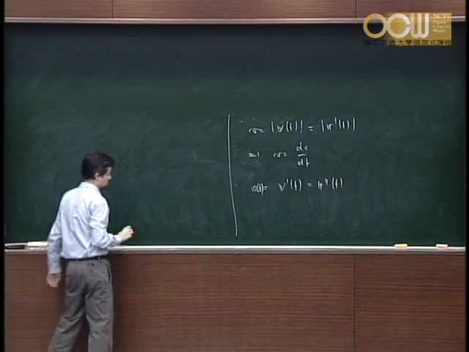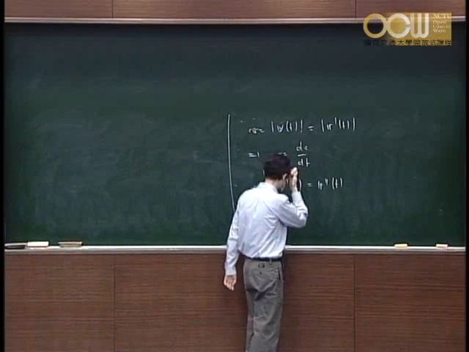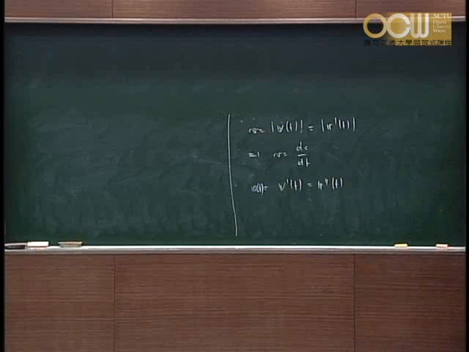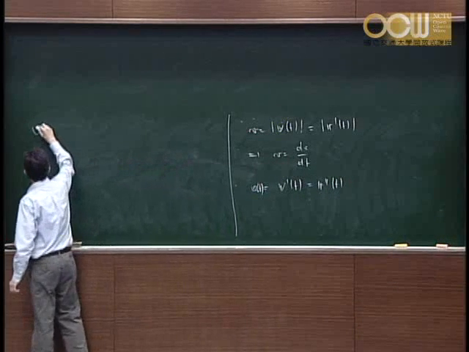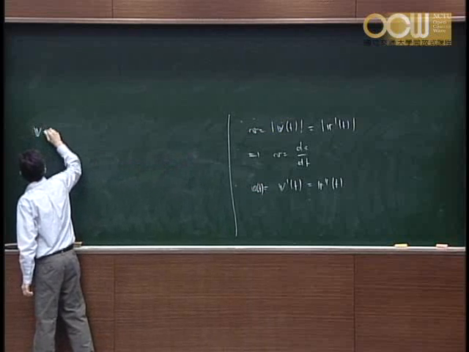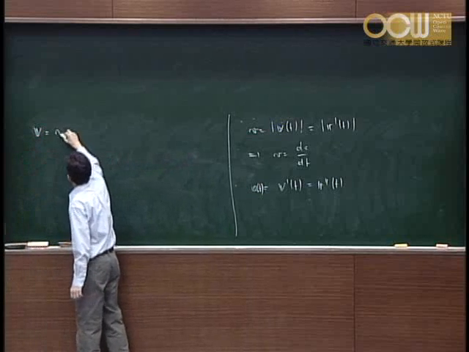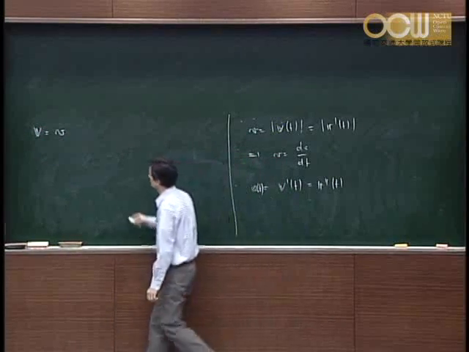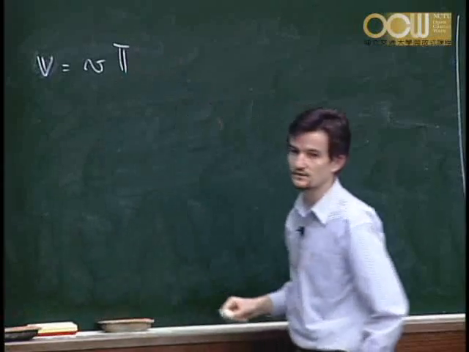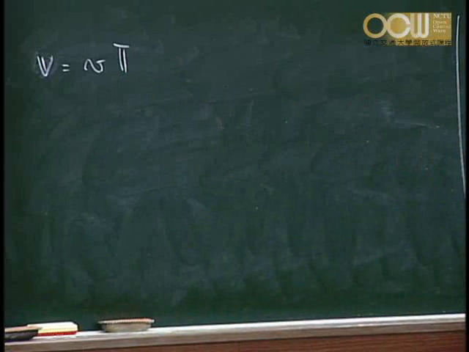Okay, so if we look at the velocity, the length of the velocity, as I said, is the speed, and the direction of the velocity is what we called before the unit tangent vector.